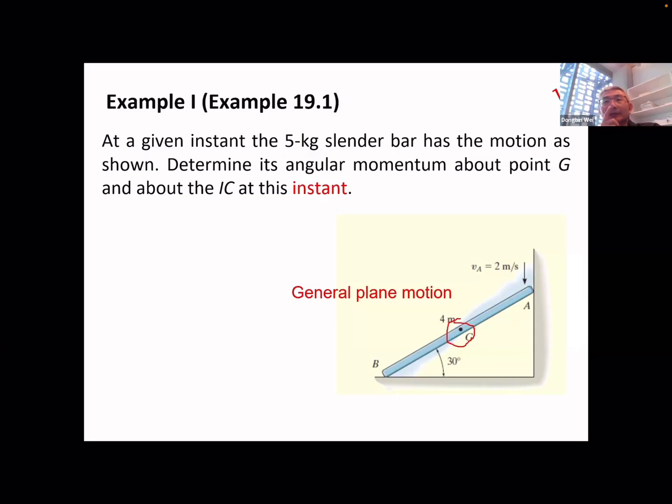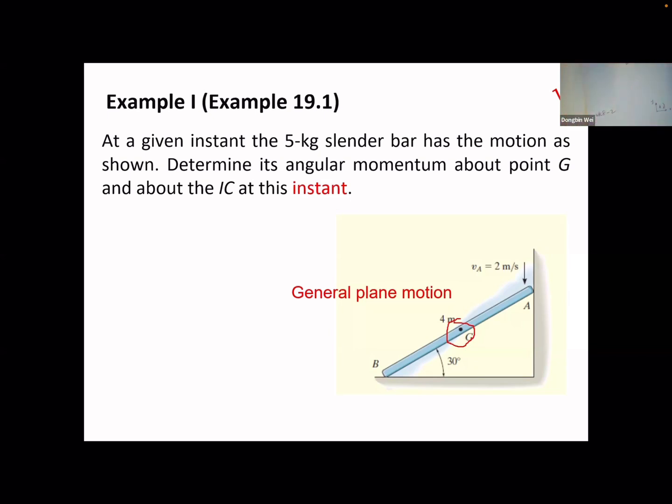And also, we will compare the magnitude of the angular momentum about these 2 points, and we will see the difference. So, solve this problem, and we have already analysis.